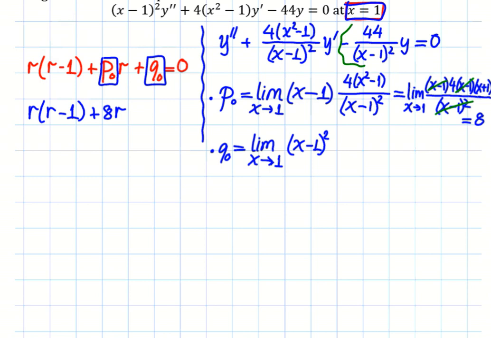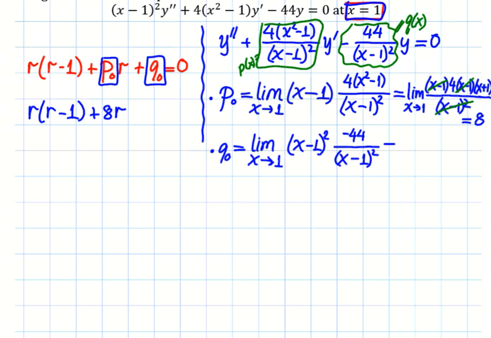This is q of x, as this is p of x. So we have negative 44 over x minus 1 squared, which gives minus 44. So this is obvious. So in that equation, we just have minus 44 equal to 0.